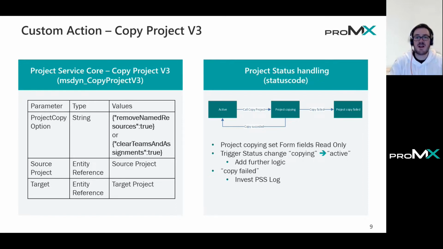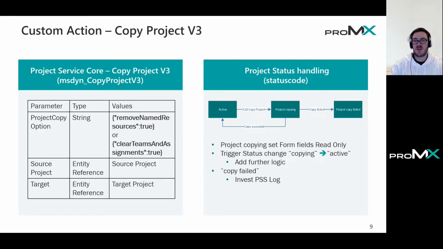Then for status handling, as you saw in the agenda first, it's also important to handle the case of failure. For this, Microsoft has a status handling in place. We see it in the picture on the right. Projects on create will get the status active. And when we trigger the copy project functionality, it will switch over to project copying.